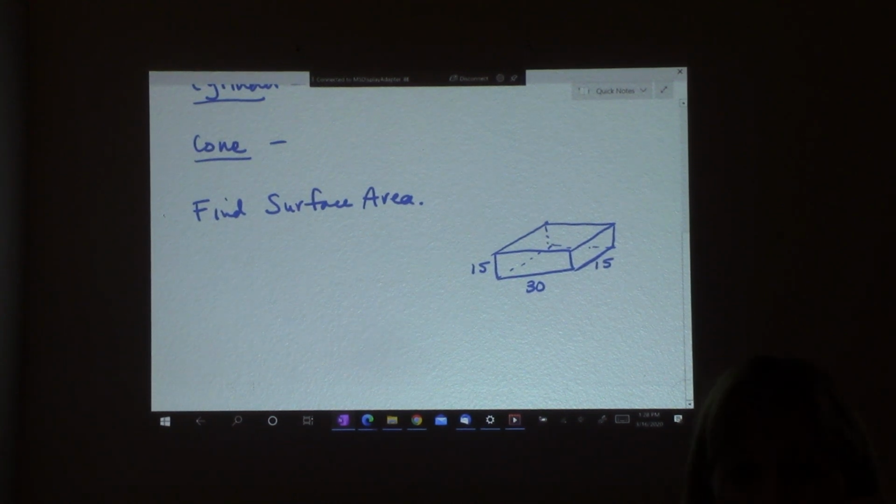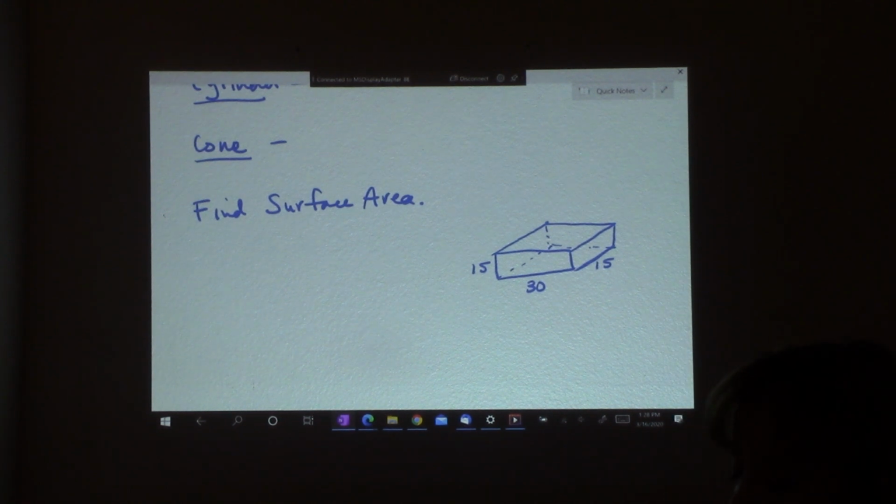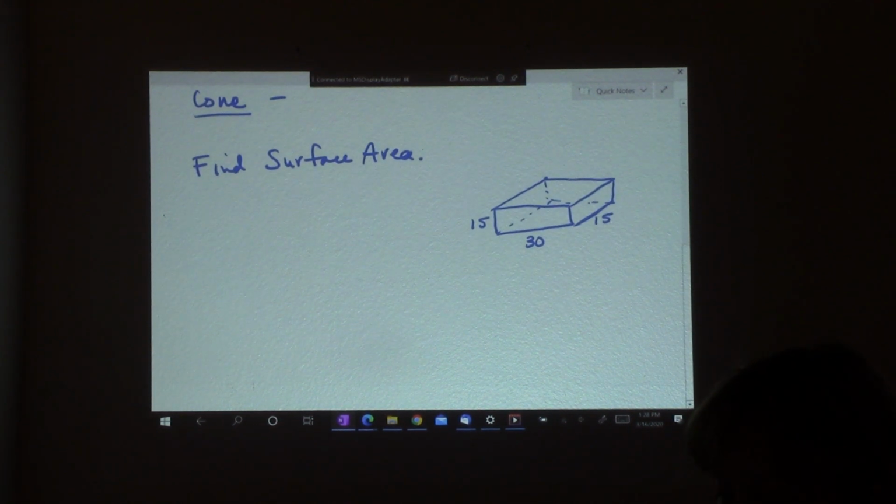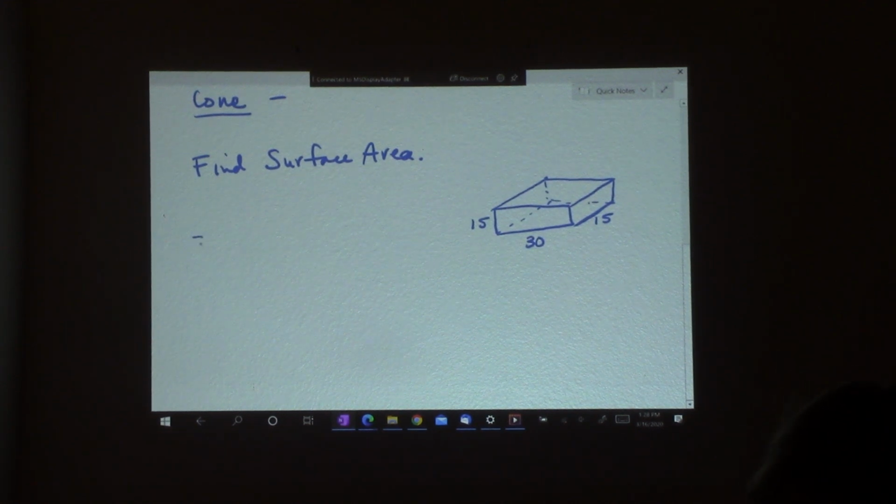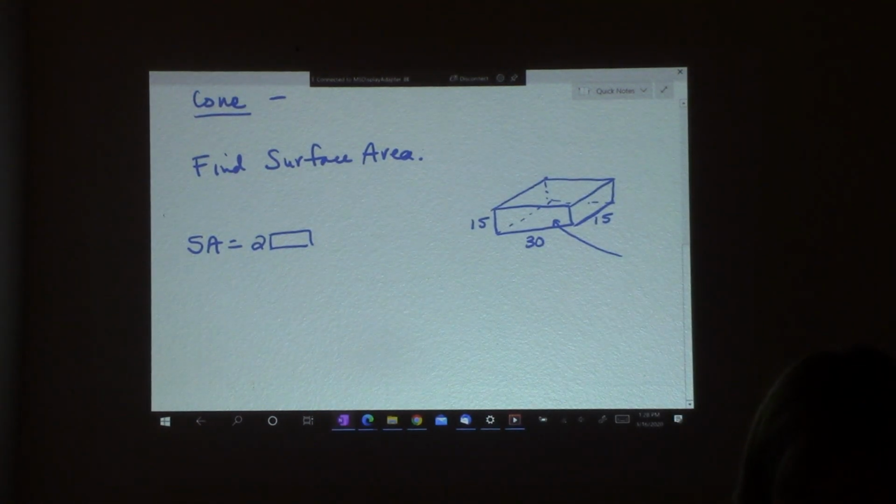Okay, so I like to write an overall plan. To find the surface area of this rectangular prism, I'm going to have surface area equals 2 rectangles. So those would be the 2 in the front here, front and back. They're the same. Okay, plus 2 of the side rectangles.